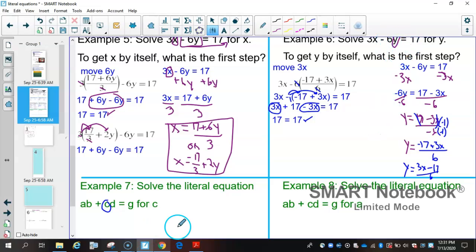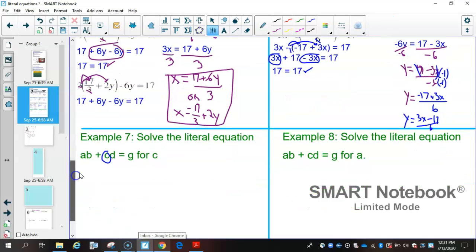So if I need to get C by itself, what do you think we should do first? Hopefully you were thinking get rid of the term AB, and it's positive, so we need to subtract on both sides.